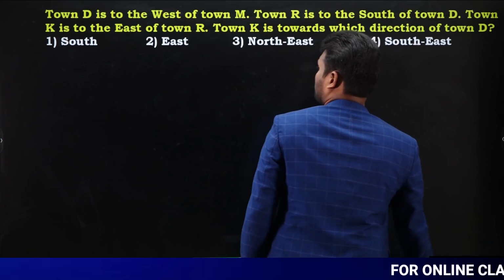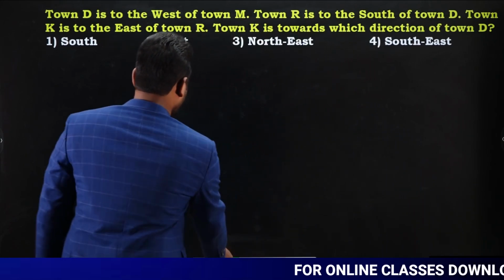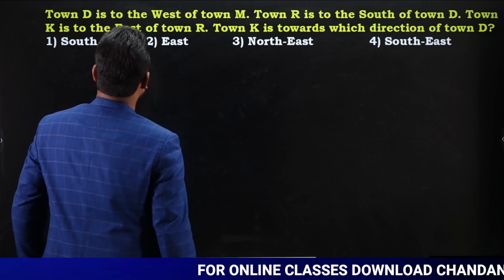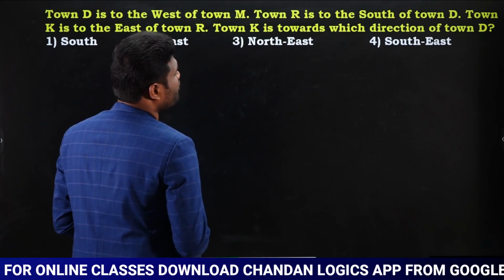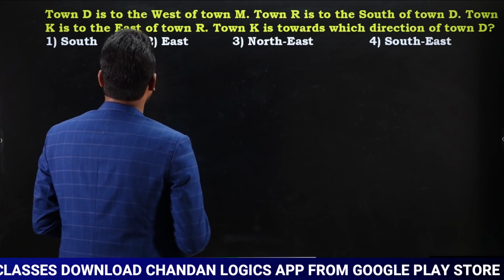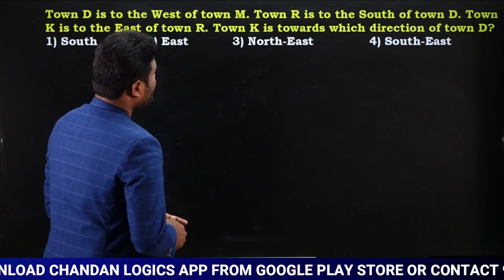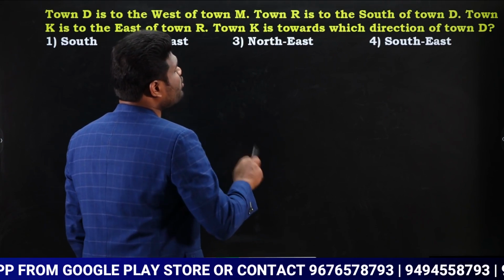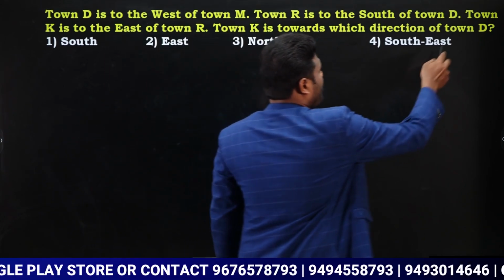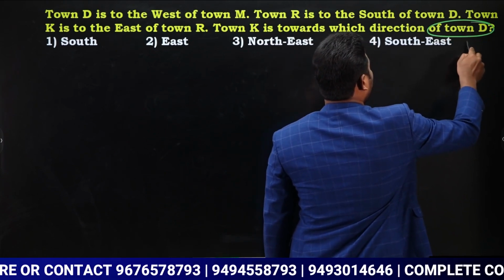Let us look at the next one. Town D is to the west of town M. Town R is to the south of town D. Town K is to the east of town R. Town K is towards which direction of town D? Town D is going to be my reference.